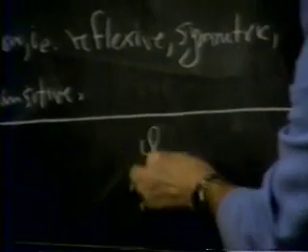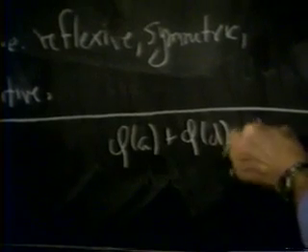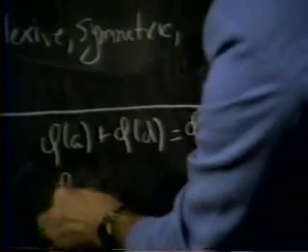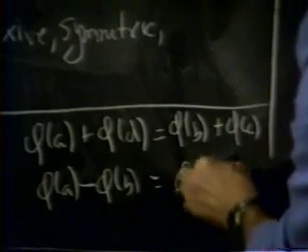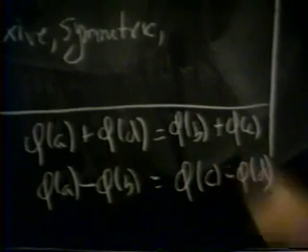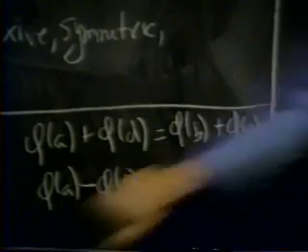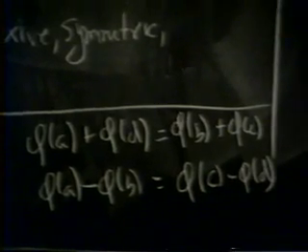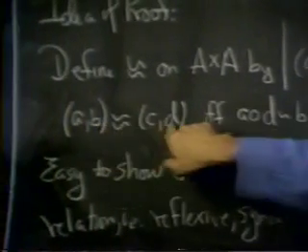Suppose I had an additive representation, then this would look like phi of A plus phi of D equals phi of B plus phi of C, or rewriting, phi of A minus phi of B is equal to phi of C minus phi of D. So this is saying that the difference in the representation of the AB pair is the same as the difference of the representation of the CD pair. So this seems like a very plausible way to define the equivalence of differences.